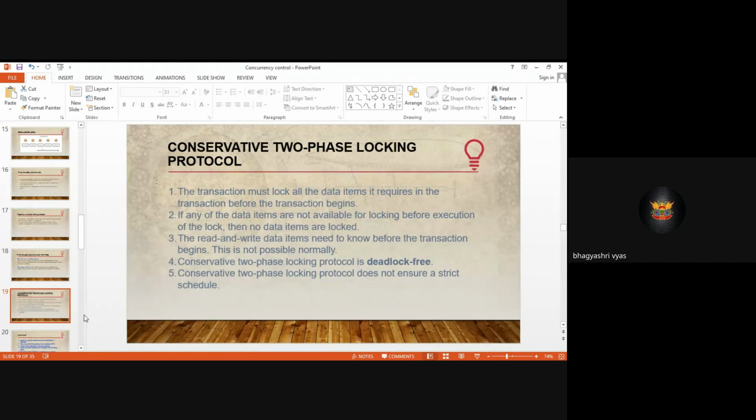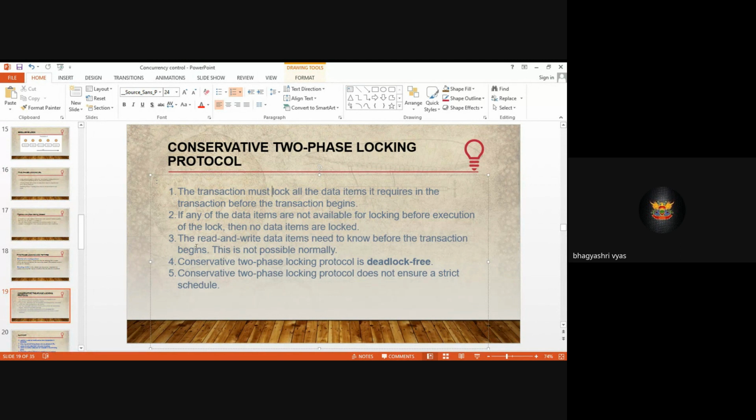Now the second one, which is important, the conservative two phase locking. The transaction must lock all the data items it requires before the transaction begins. If any of the data items are not available for locking before the execution, then no data item is locked.